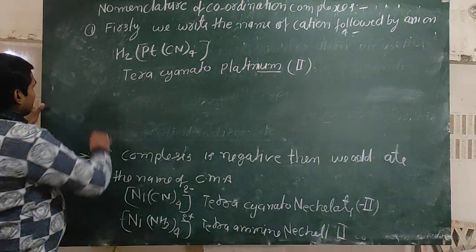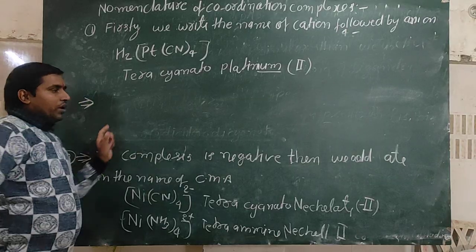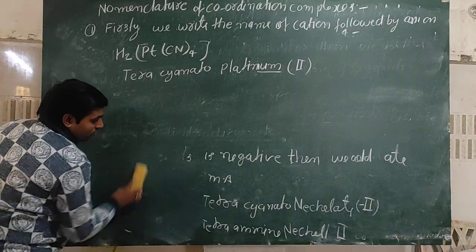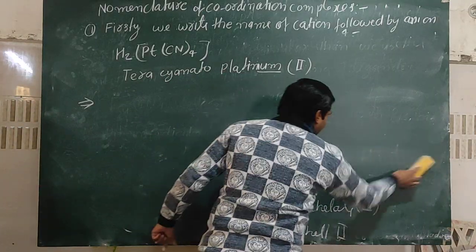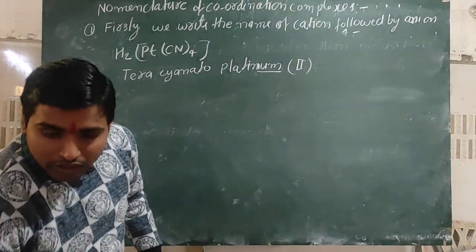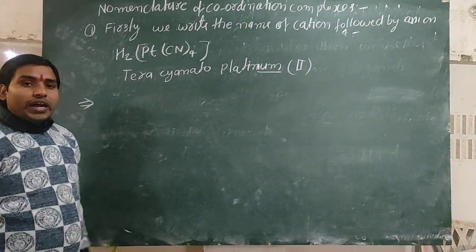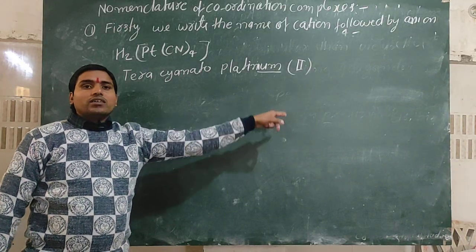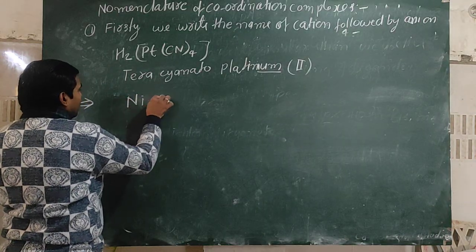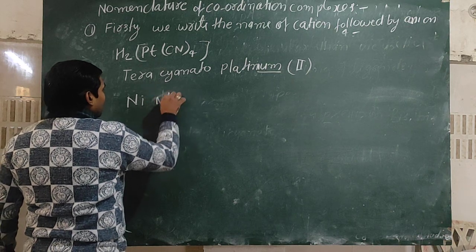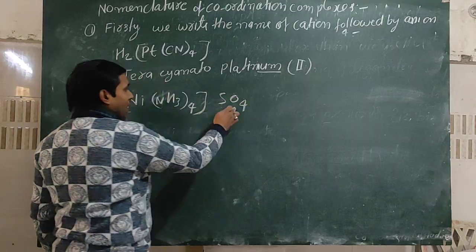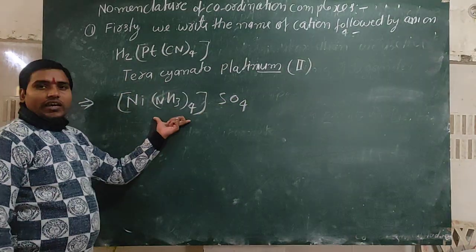Okay, the next point is that if any coordination compound has a negative species or cation in its ionization sphere, then we write the name of the anion as such, like [Ni(NH3)4]SO4. SO4 acts as the anion, and this complex acts as the cation.